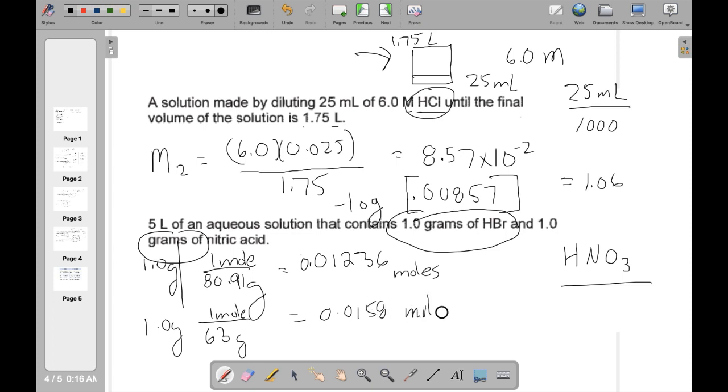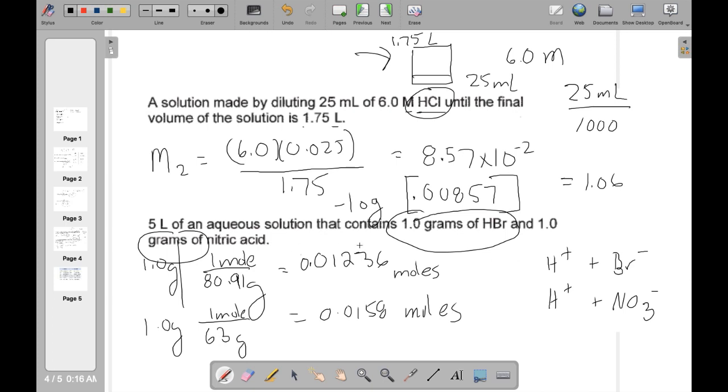moles. Okay. Now I have to ask myself a question. This is a 1-to-1 ratio, so when this breaks up, I'll get the same amount, and I'll get a hydrogen ion plus a bromide anion, and a nitrate anion from HNO3. So all I have to do is add this amount.